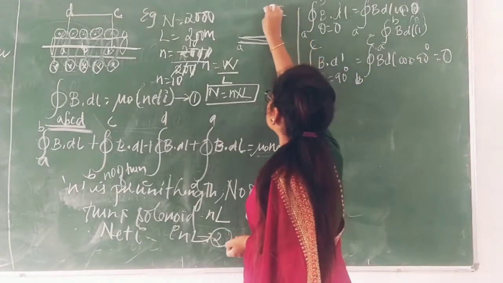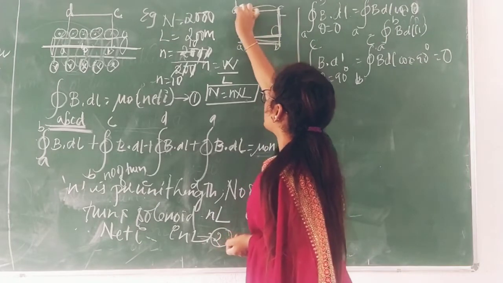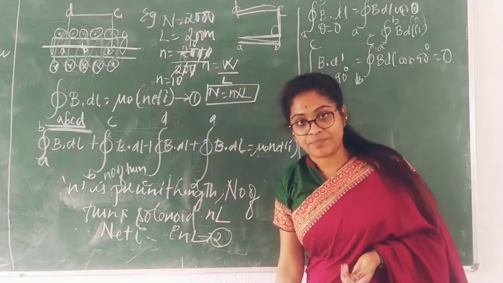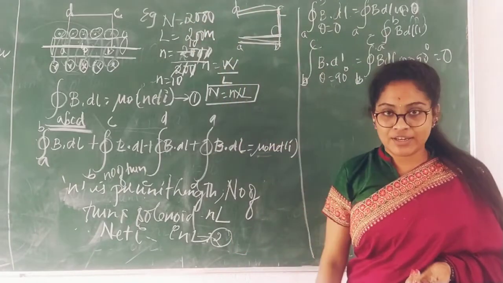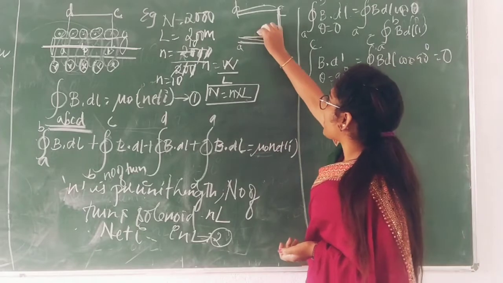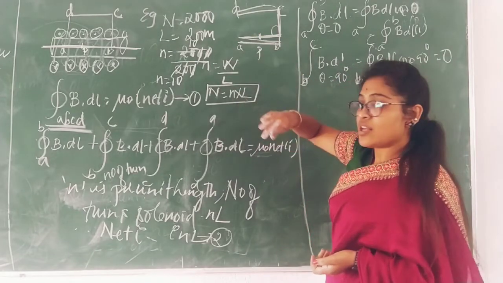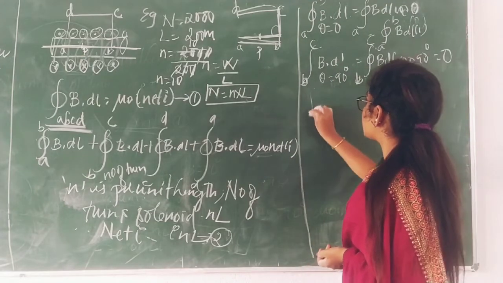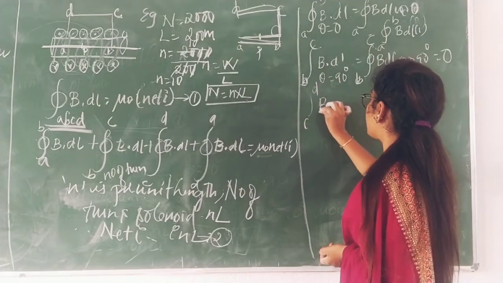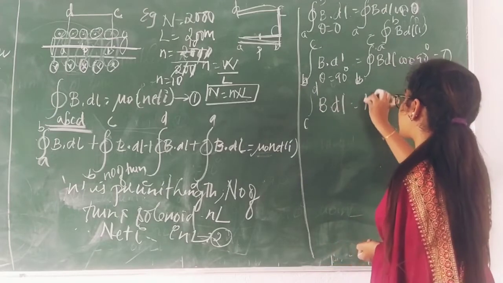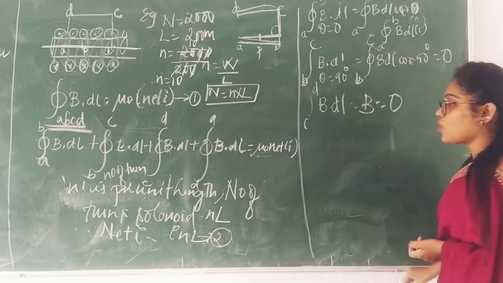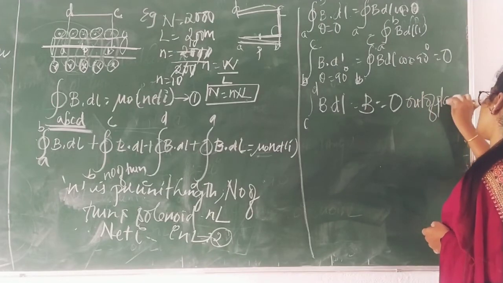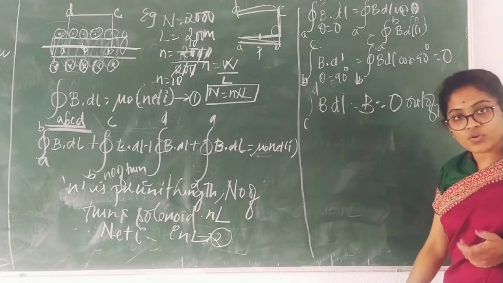Again, when you consider C to D, here is your magnetic field, C to D is out of the plane of the magnetic field. I want to identify the point, P is here. From the P it is out of the plane. Correct? So, when you consider C to D, B dot dl, I can say B is equal to 0 due to out of plane. Okay.